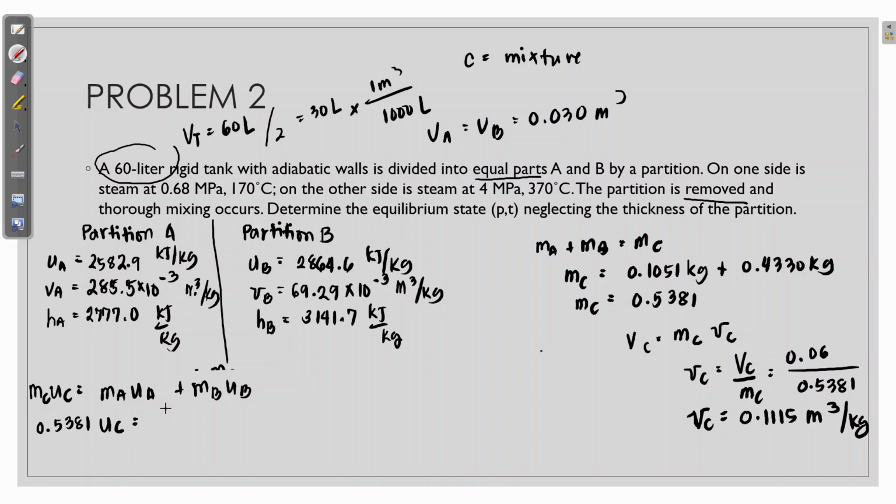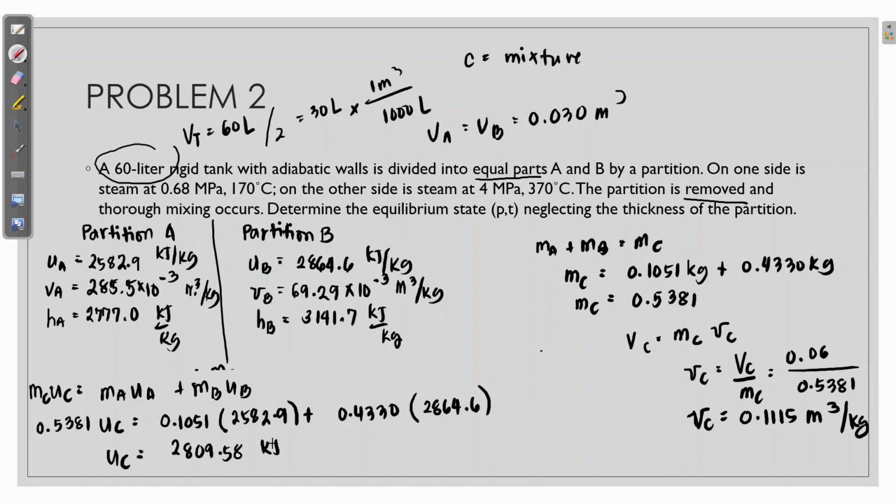Ang MA natin is 0.1051 times UA is 2582.9 times ang MB natin is 0.4330 times UB natin ay 2864.6. Okay, para makuha natin UC, ang UC natin is 2809.58 kilojoule per kilogram.